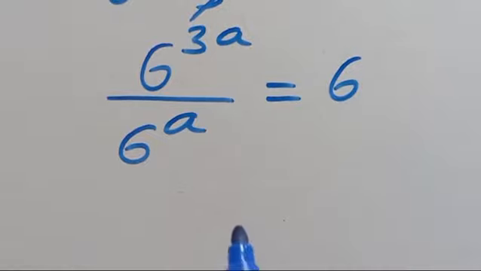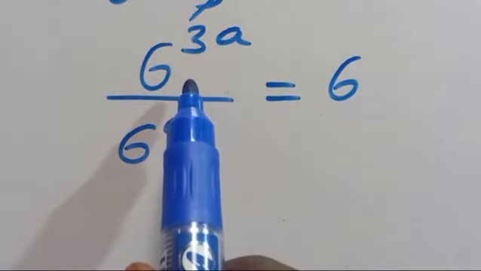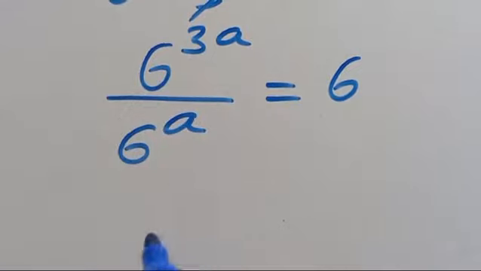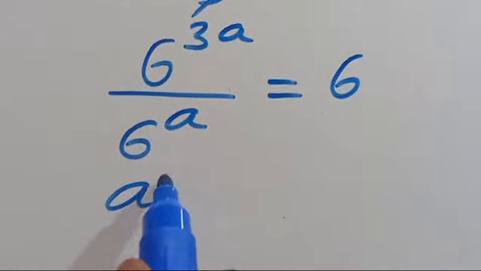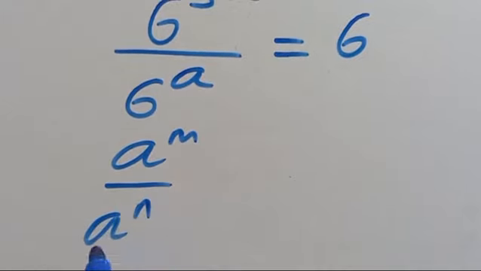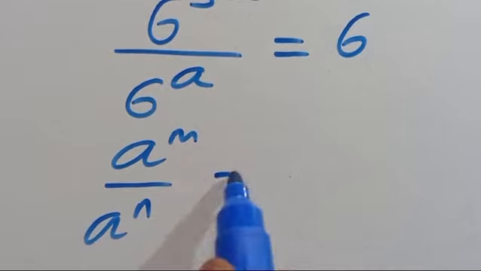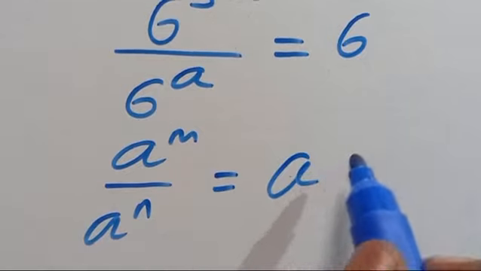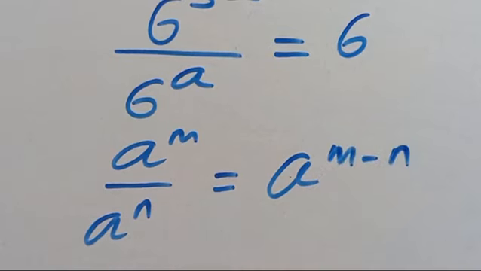Now from here, when we have a to the power of m divided by a to the power of n, the same base, different power, division law of indices, we can have it as a to the power of m minus n.